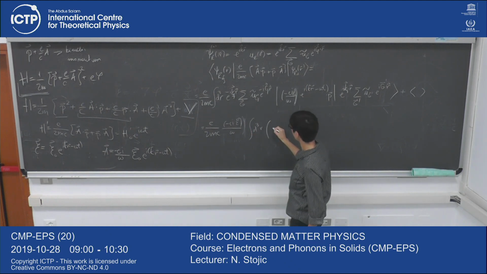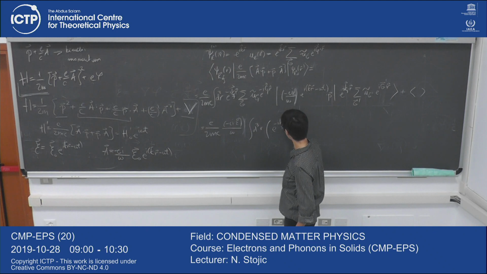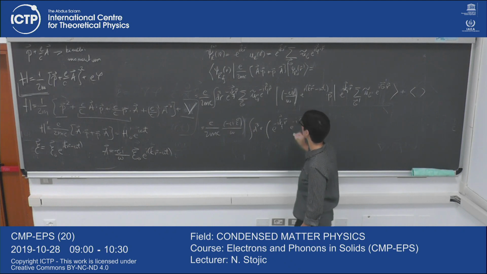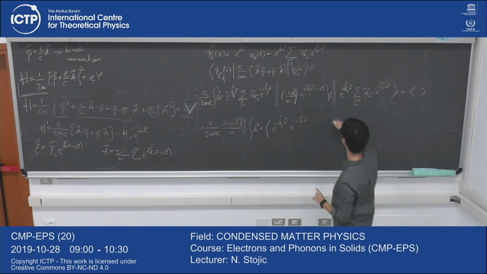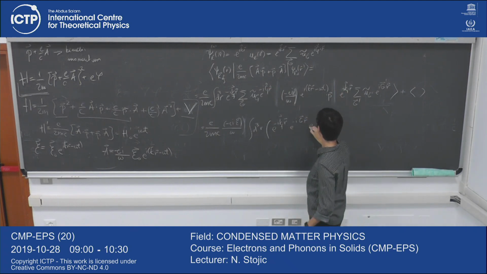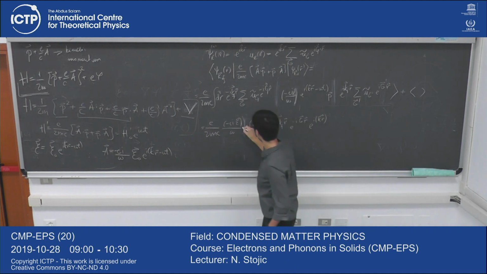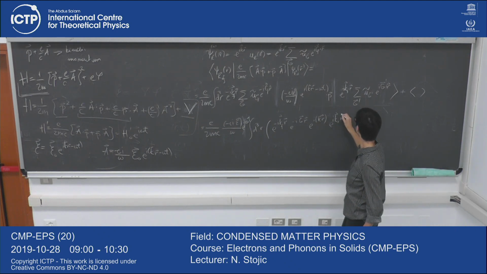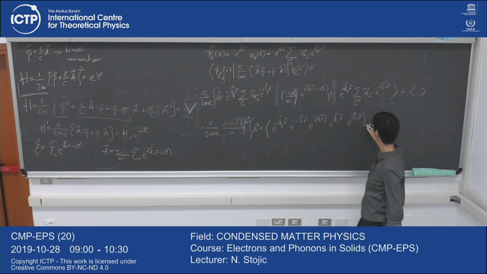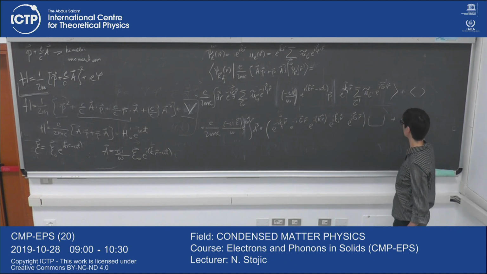So I have e to the minus i k final r, e to the minus i G r, e to the i k r, you can put omega t, k r, i k initial r, e to the i G prime r, times something else, and a similar integral.